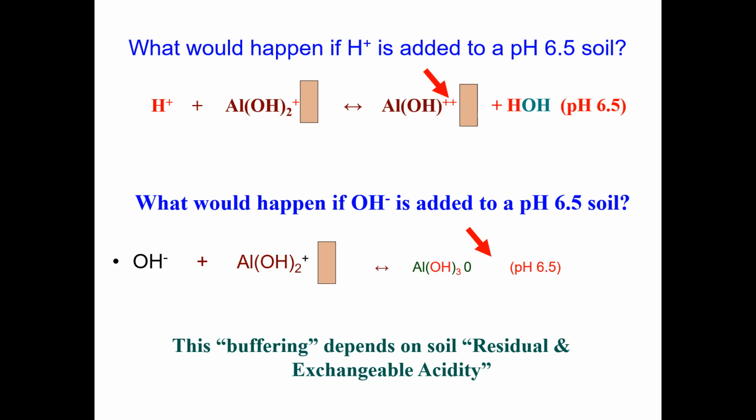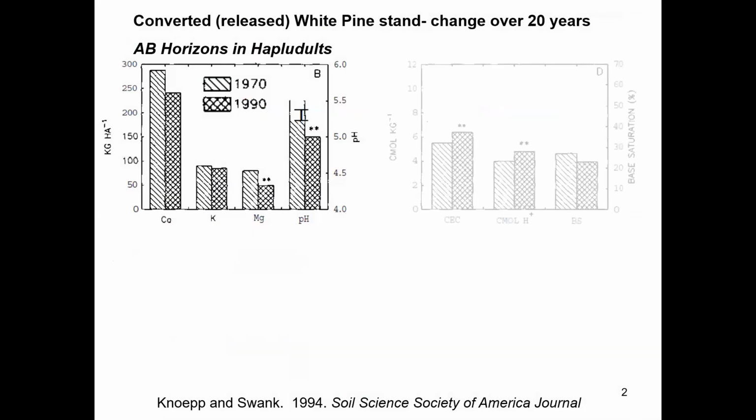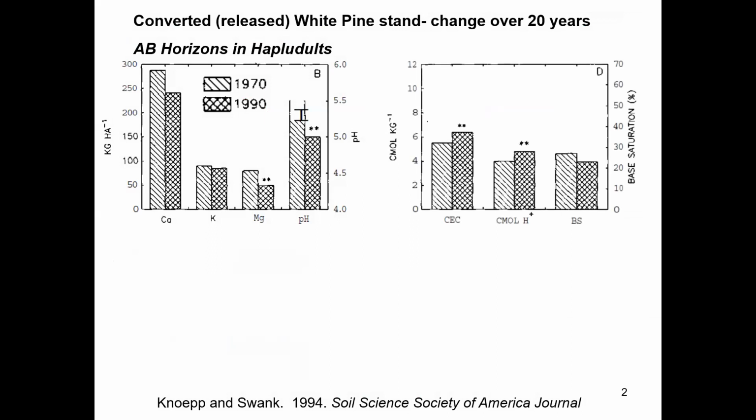Does that make sense? So just to illustrate that study that I talked about in the quiz. This is the real data here. This is total cation exchange capacity in centimoles of H+. And another way of saying this would be exchangeable acidity or direct measurement of pH.